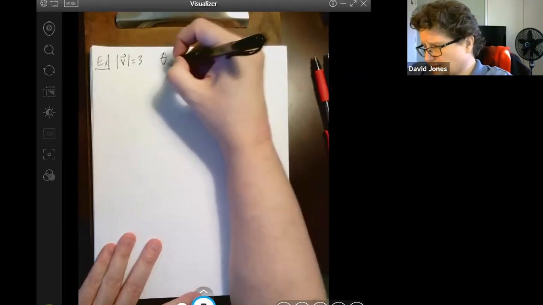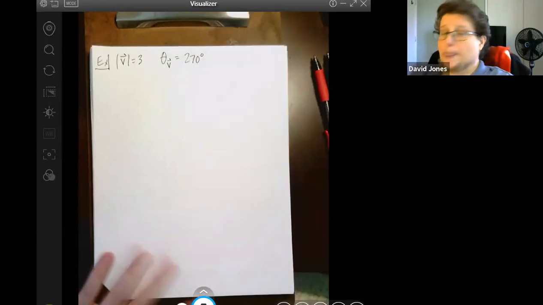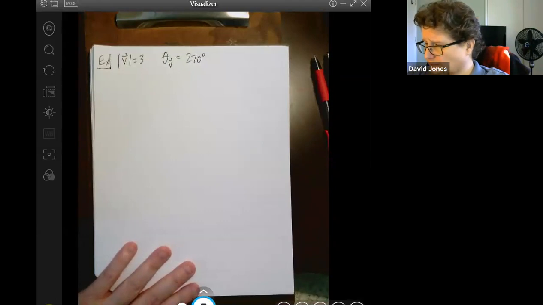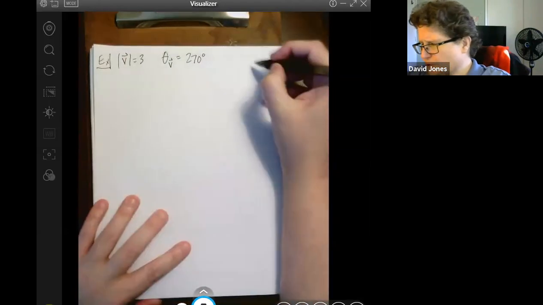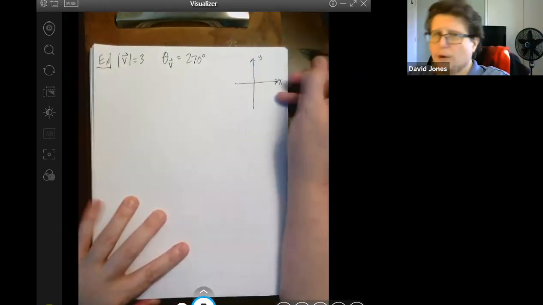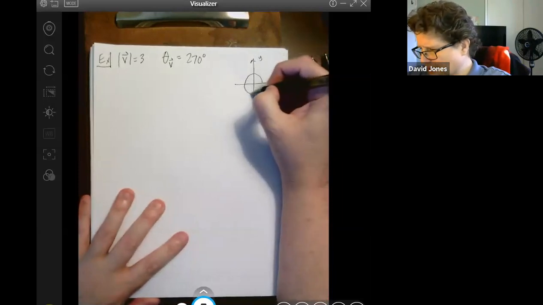And theta for V is 270 degrees. Okay, if you drew a picture, 270 degrees is where? Straight down, right?